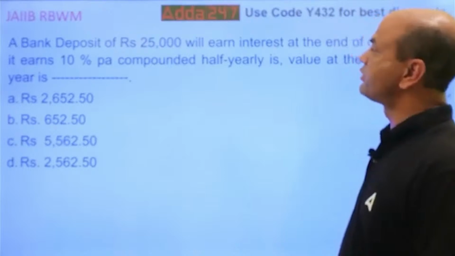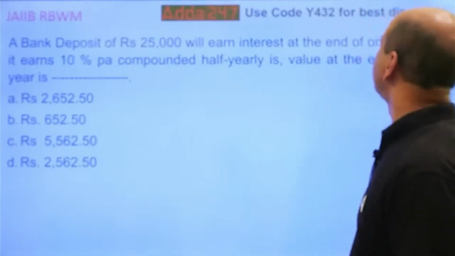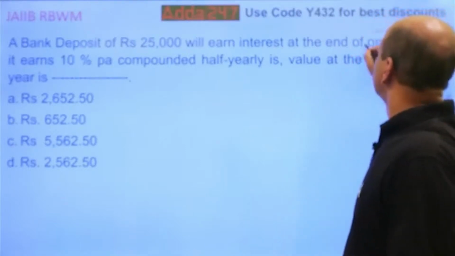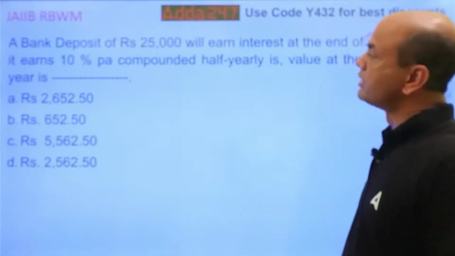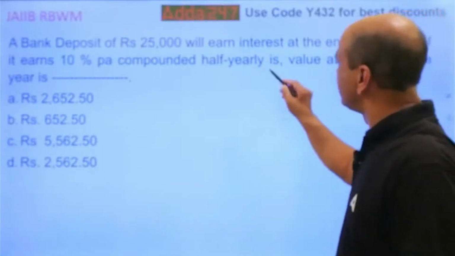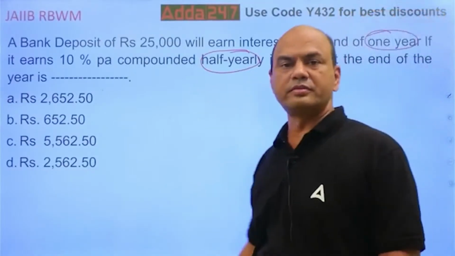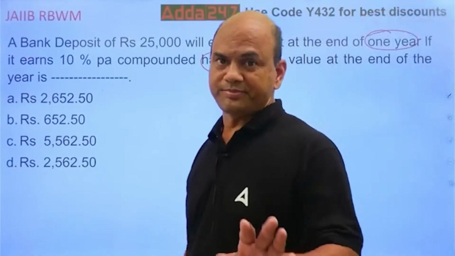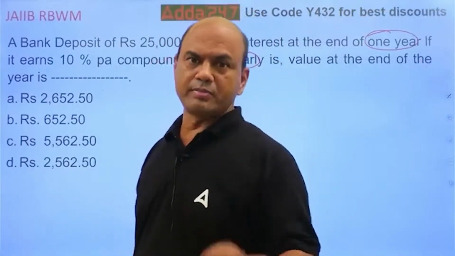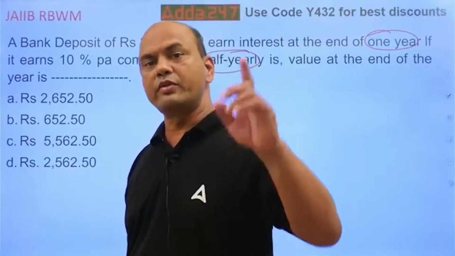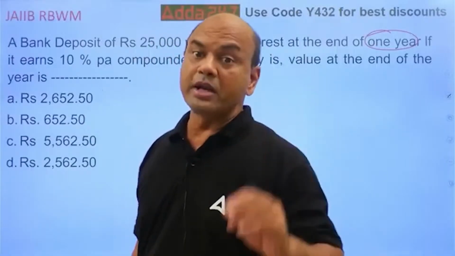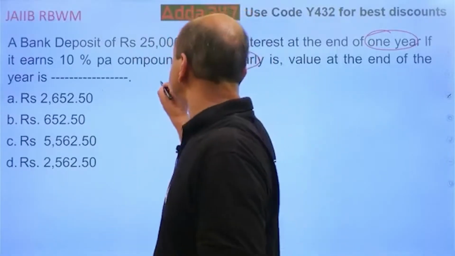A bank deposit of 25,000 will earn interest at the end of 1 year. If it earns 10% compounded half yearly, the value at the end of the year will be what? See, you have put money in that bank. Now this bank will give you after 1 year only, but it will compound half yearly.